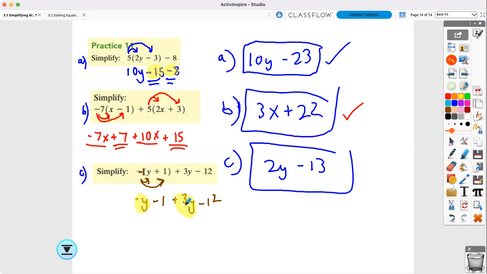So -y and 3y, you owe me 1y, right? It's a -1 invisible here, right? So you owe me 1, but here's $3. So then you only have 2y left. And then you owe the bank $1, but you spent 12 more. So in total, you still owe them 13. So C is correct.